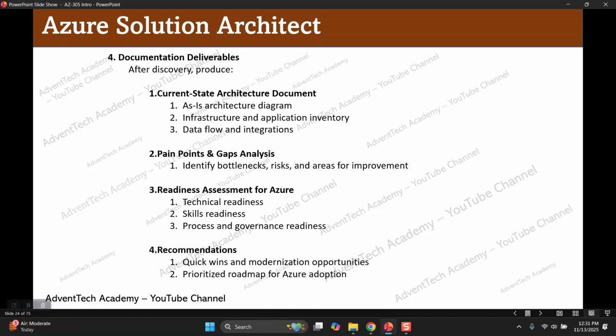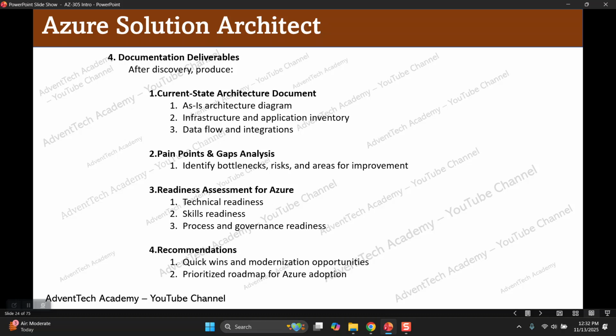So we have to prepare the current state architecture diagram and share it with the client, like architecture diagram, infrastructure and application inventory, data flow and integrations. So we have to prepare a document for pain points and gap analysis, identify bottlenecks, identify the risks, and identify areas for improvement.